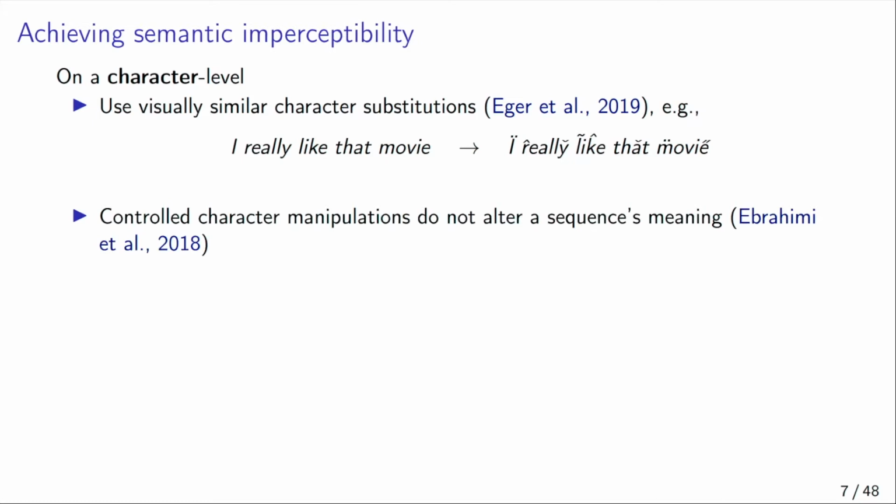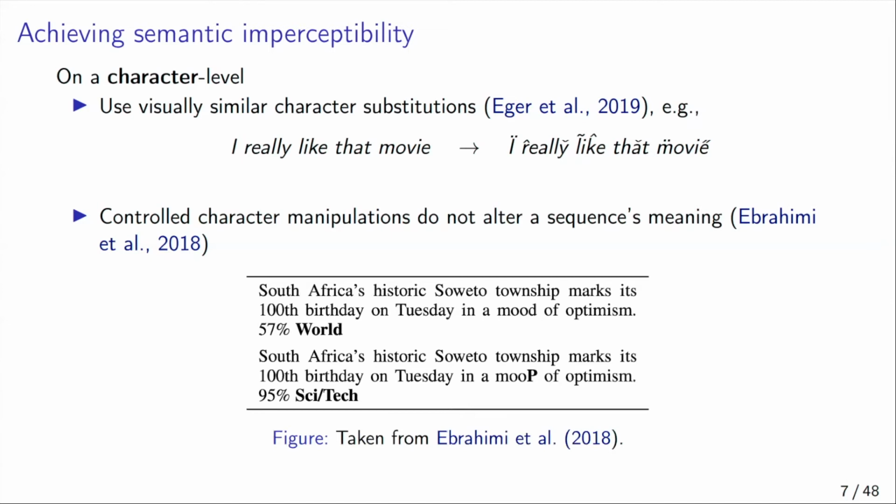This is based on the observation that certain controlled character manipulations do not really alter a sequence's meaning. We see this above, obviously. We are still able to read this as I really like this movie. And this is what this character level perturbation idea is based on.